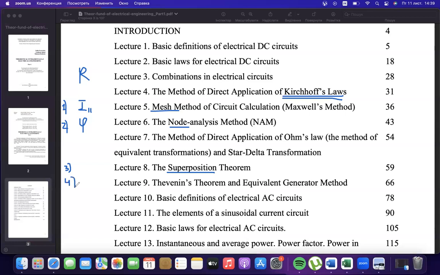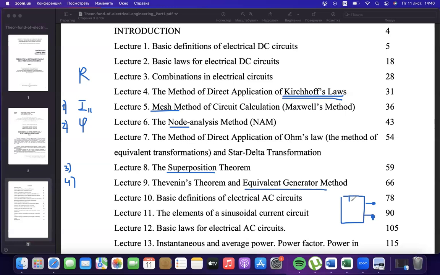And the last one is the so-called equivalent generator method. It is also a representation of a complex system in a simpler way. And as we spoke previously, the idea was that we represent any circuit with sources and consumers as a simple part with 2 points of connection.